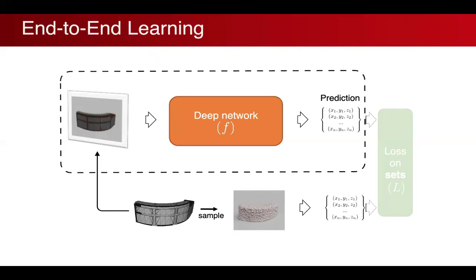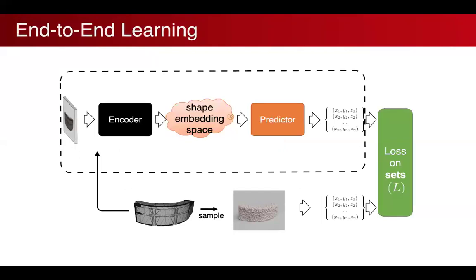And we have to learn this, right? The structure of the network would be an encoder-decoder or encoder-predictor. So we have the image, and an encoder that is going to create a shape embedding space, and we learn a predictor that's going to generate a point set that has to be the same as the one that is used as the ground truth.